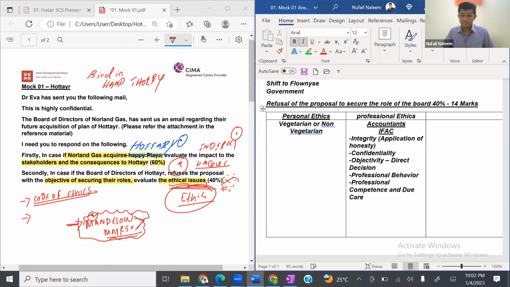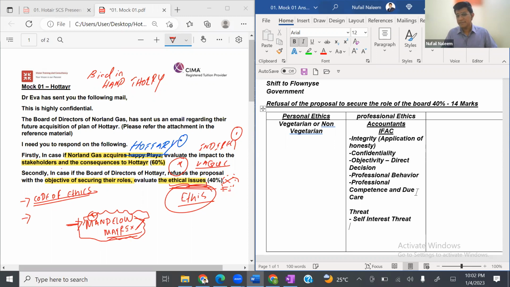Now, students, these are the threats you can also recall. One threat is known as self-interest. This is the most dangerous threat, because you are making decisions considering yourself. Then there is the familiarity threat: you know someone, your cousin or your spouse, and you support them using your job.